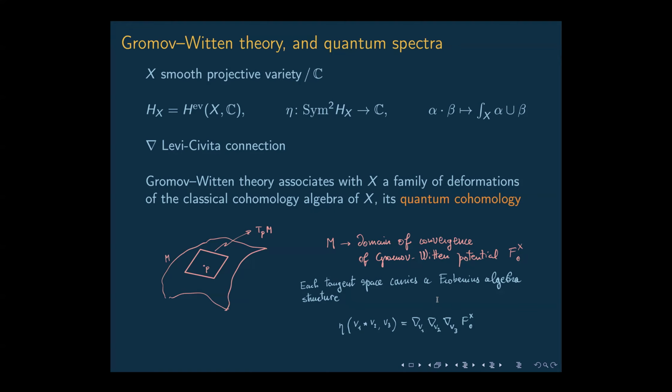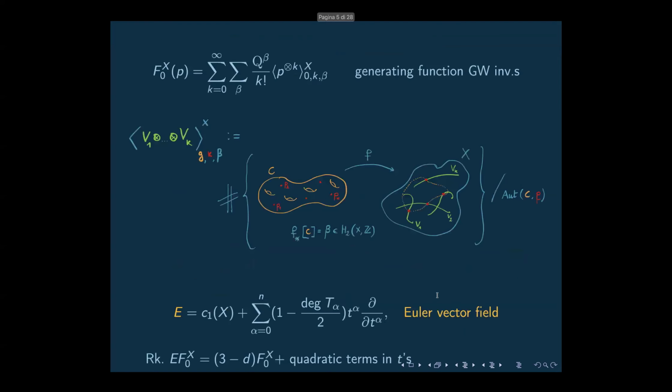More precisely, the Gromov Witten potential as follows. What you have to keep in mind is the following moral definition of Gromov Witten invariant.